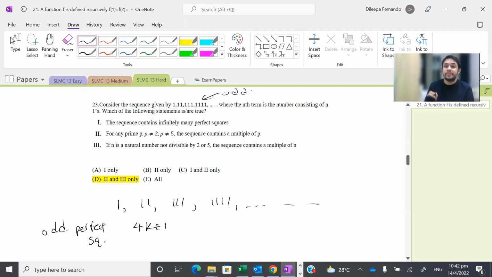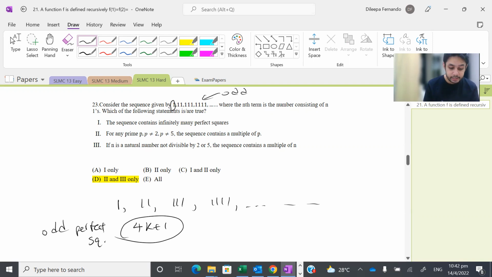If there is a perfect square within this sequence, that number should be in the form of 4k plus 1. Now let's see whether there is any number in the form of 4k plus 1. What can you say about the first value? Yes, the first value is 4k plus 1, and 1 is a perfect square. So this is perfectly fine.